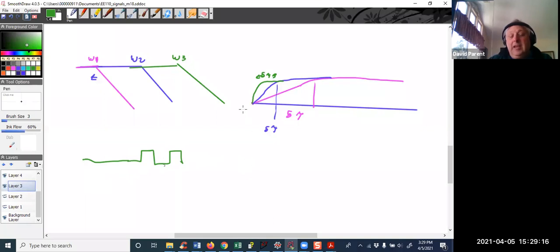And so what's going to happen is that the one with the largest cutoff frequency is going to have the fastest rise time. The one with the lowest cutoff frequency is going to take the longest before it's available, right? And we're making it look like it's just going to be a flat thing.